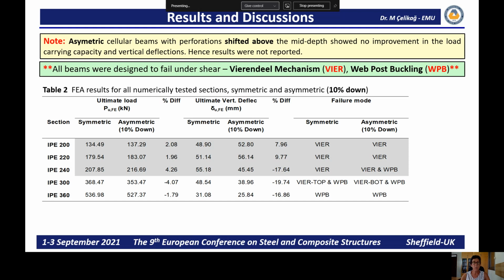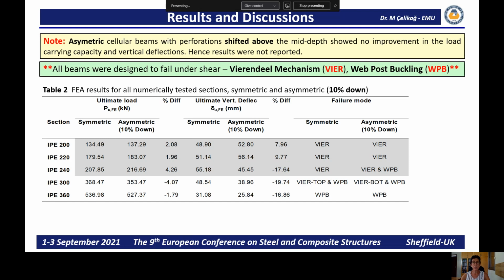On the other hand, all beams were designed to fail under shear, achieving Vierendeel mechanism or web post buckling. So if you look at table 2, it shows the ultimate load, the corresponding vertical deflection, and the corresponding failure mode of symmetric sections and asymmetric sections with perforations shifted 10% down for all sections.